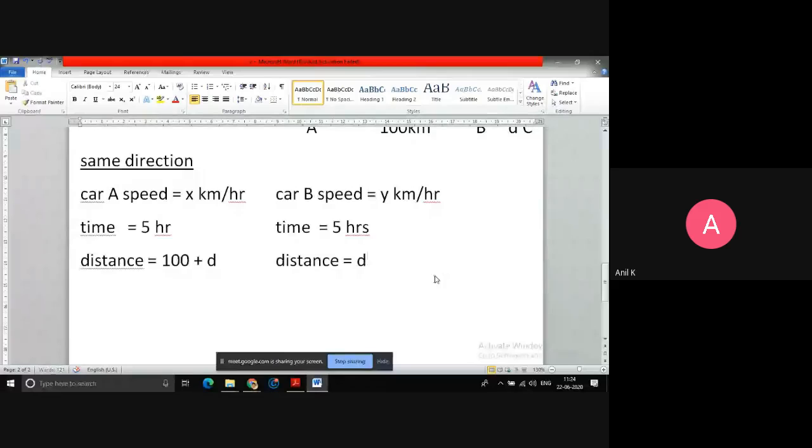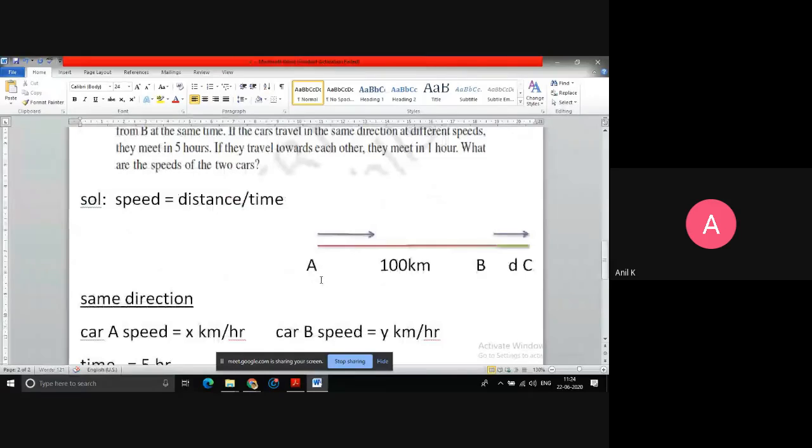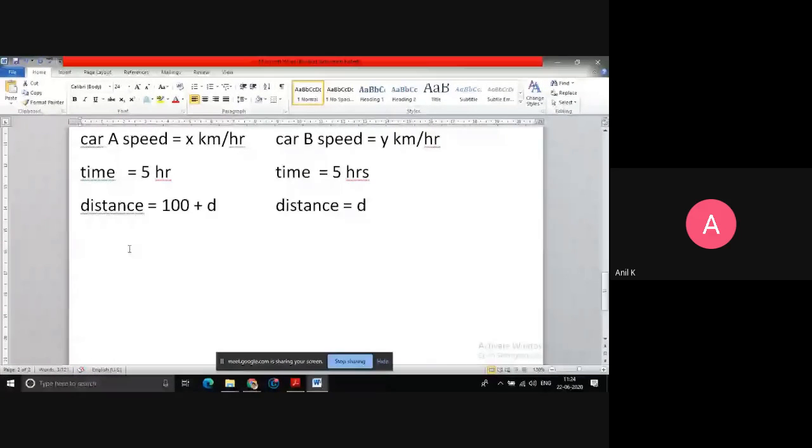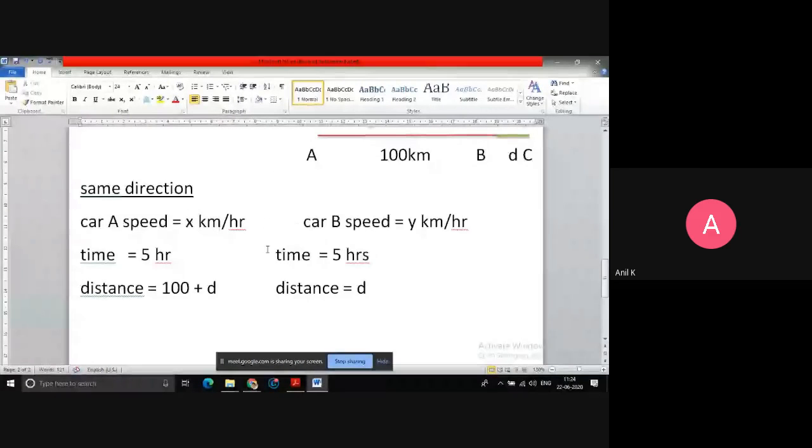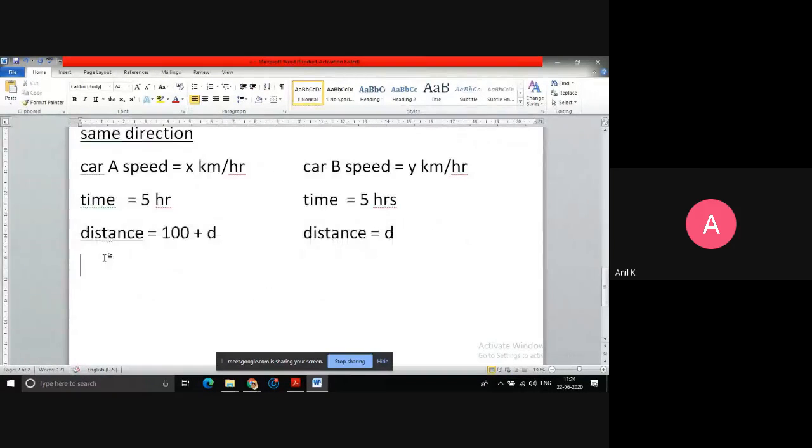Now, same direction: I got the speed of car A, the speed of car B, the time taken by both the cars, and the distance traveled by both the cars. So I use the formula speed equals distance upon time for car A as well as for car B. Let me put some gap between these.